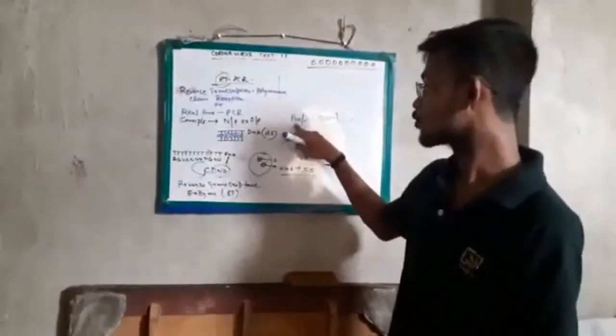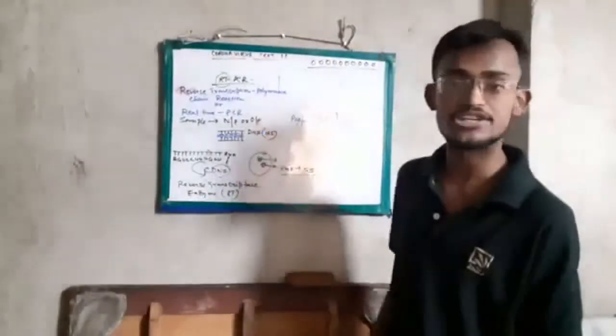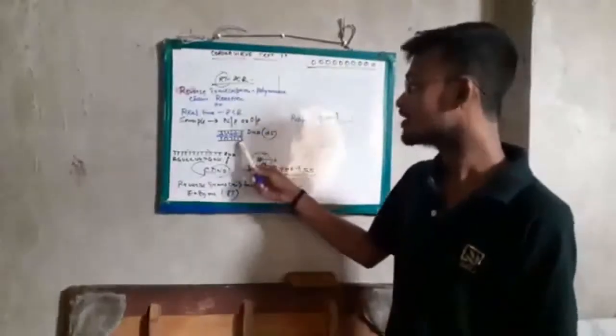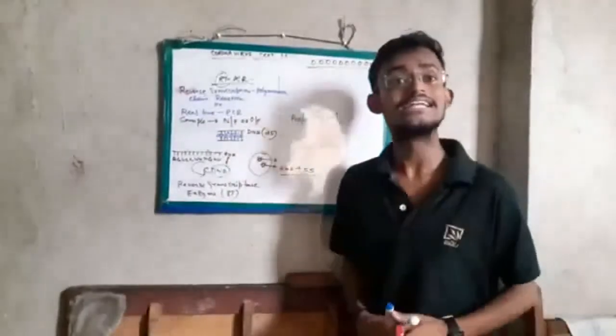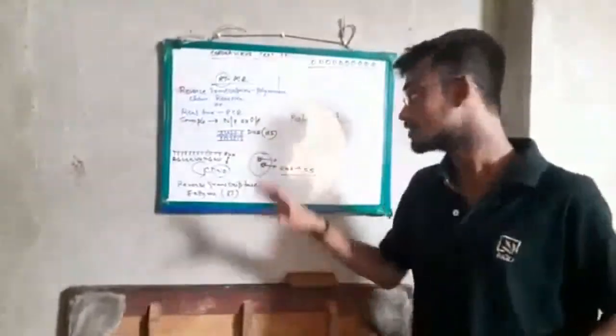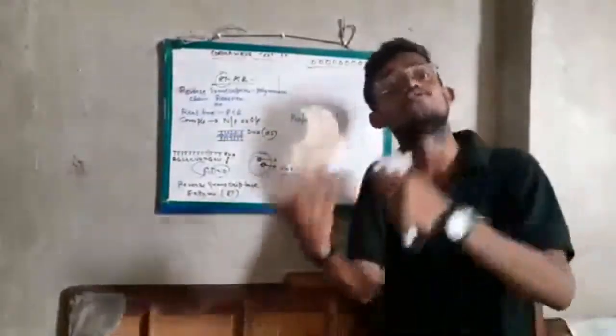So when the probe is used for the amplification of the DNA, it will emit some fluorescence, and we can detect or measure this both qualitatively and quantitatively.